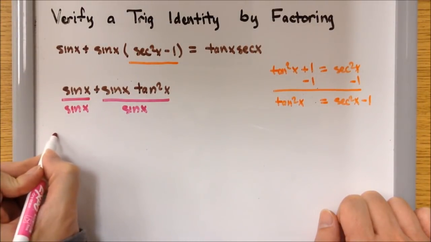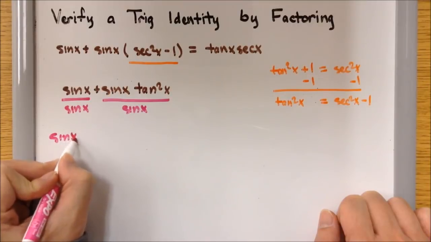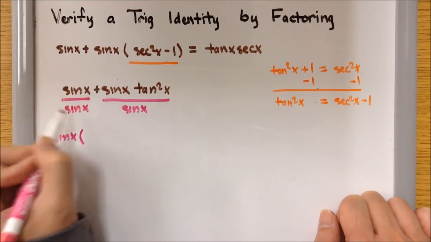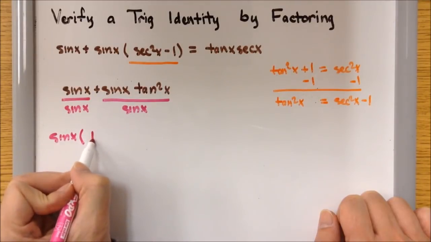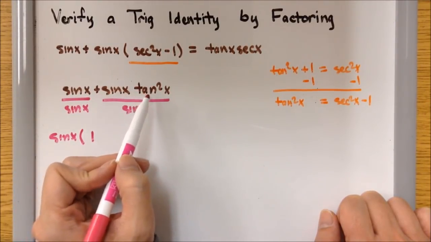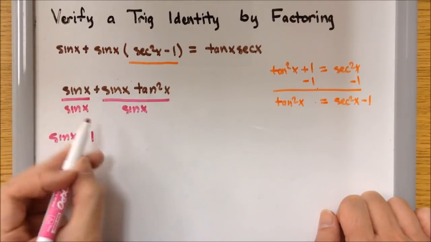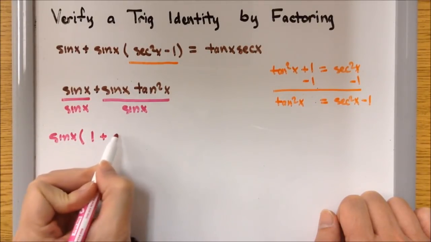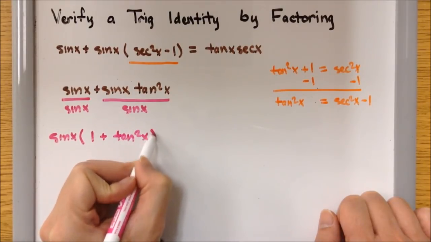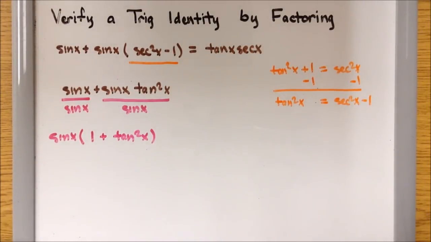It will simply be outside the parenthesis, sine of x. Sine of x divided by sine of x will be just positive 1. Positive sine of x tangent square of x divided by sine of x will be plus tangent square of x.